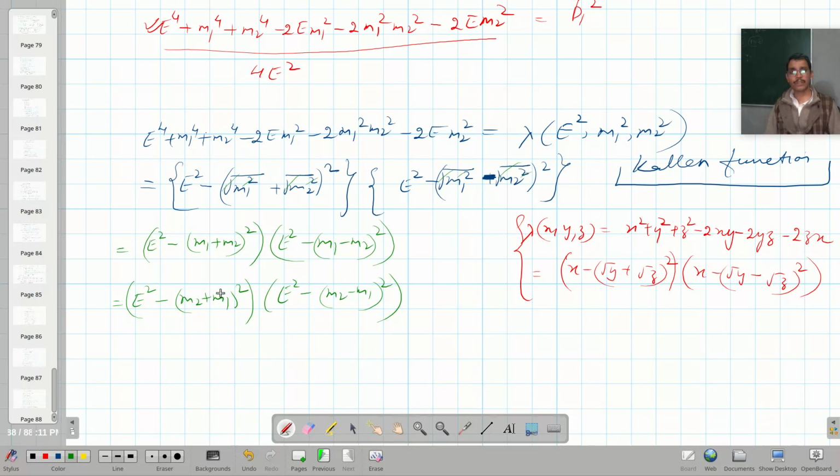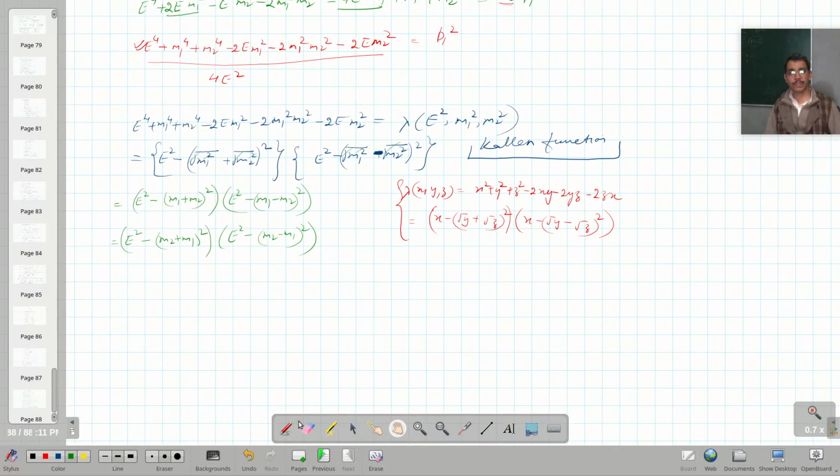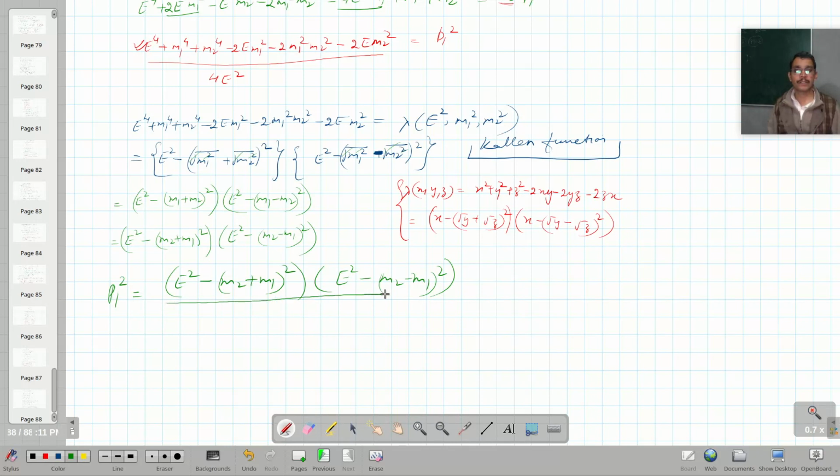So therefore p1², this p1², it can be written like this, means it is e² plus m2 minus m2 plus m1 into e² minus m2 minus m1, this divided by 4e².